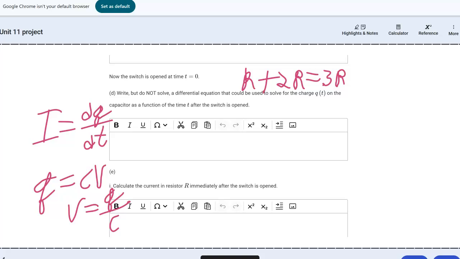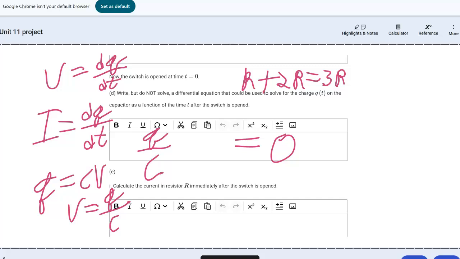So for the switch open, we're going to use Kirchhoff's loop rule, and we know it has to equal 0. So our two voltages, we're going to have Q over C, and then that voltage would be dq over dt times 3R.